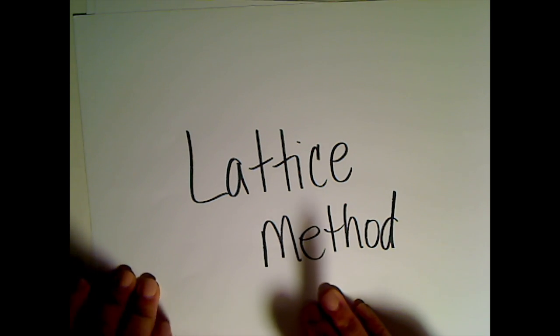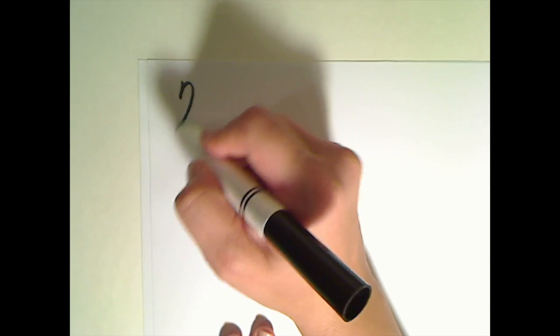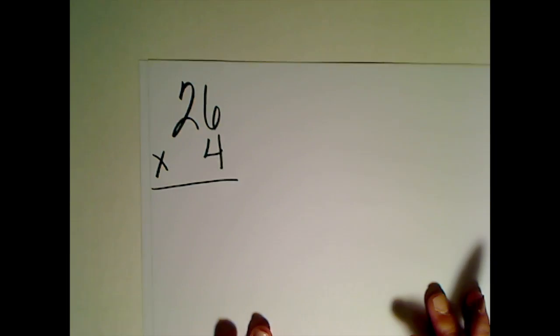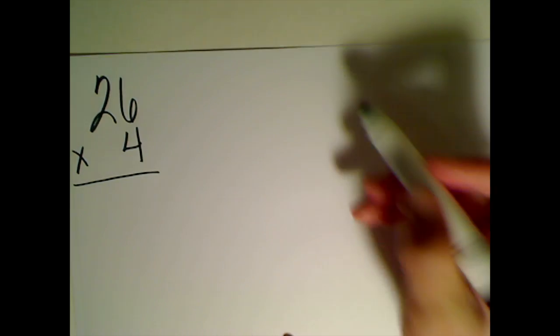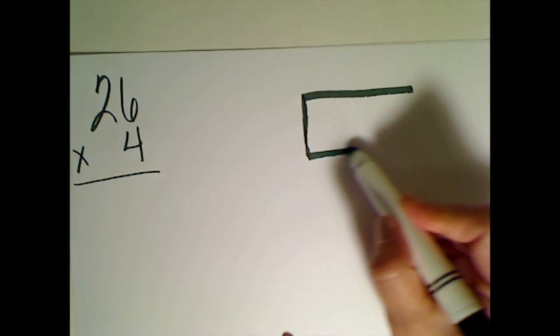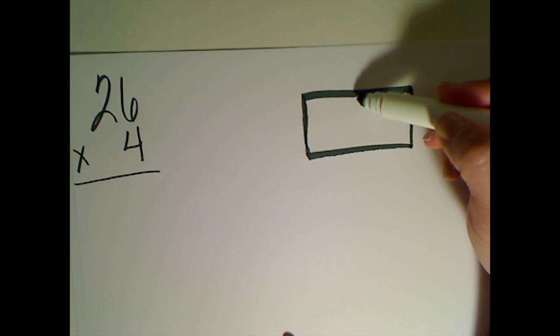The lattice method. Again, we have 26 times 4. We have a 2-digit factor at the top and a 1-digit factor.